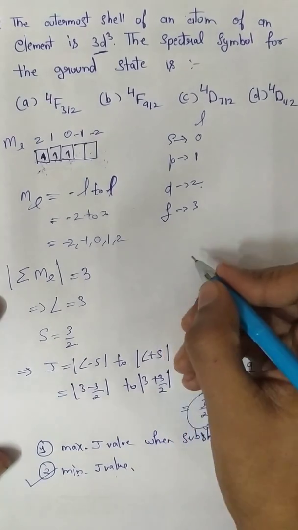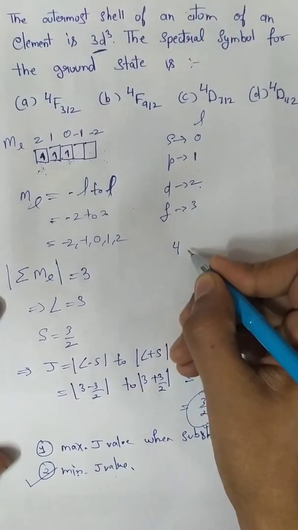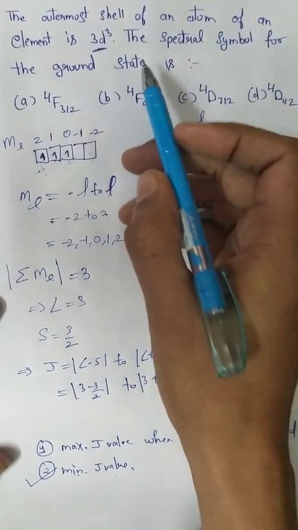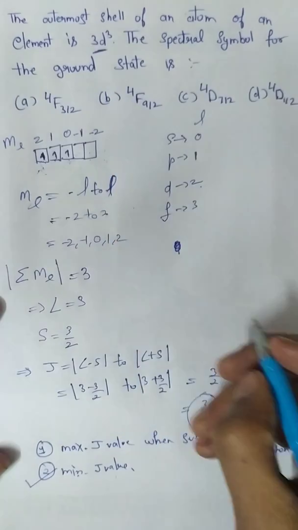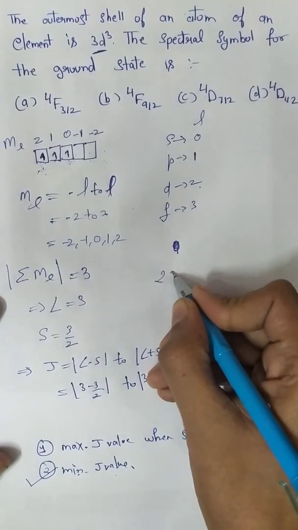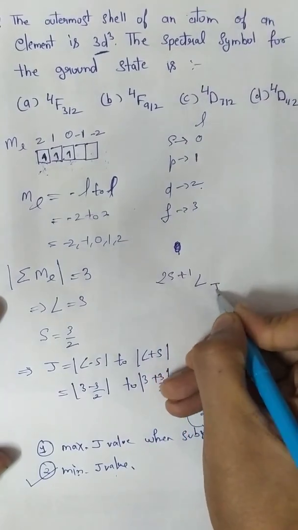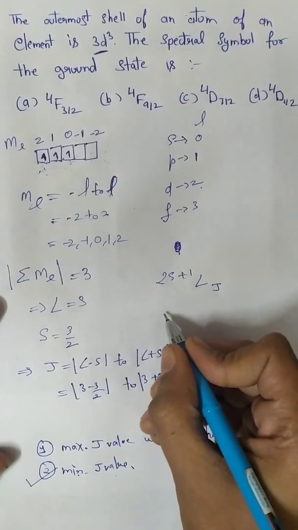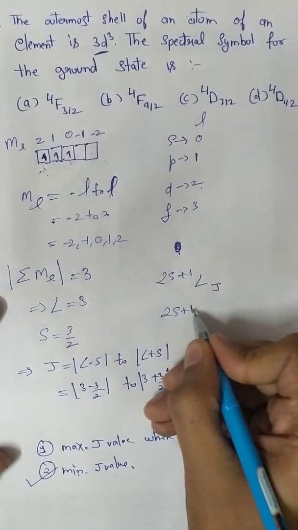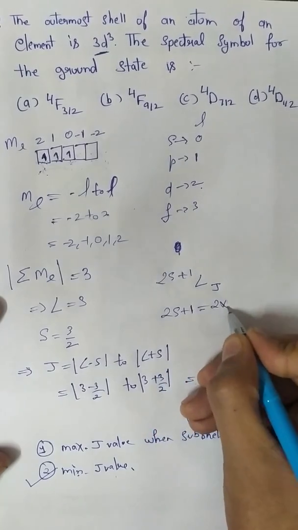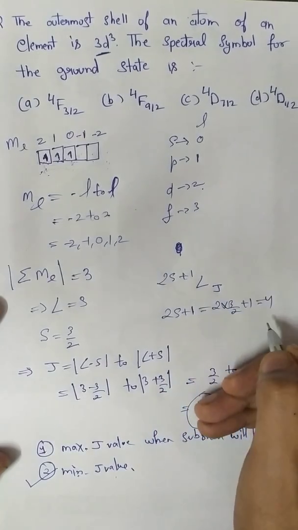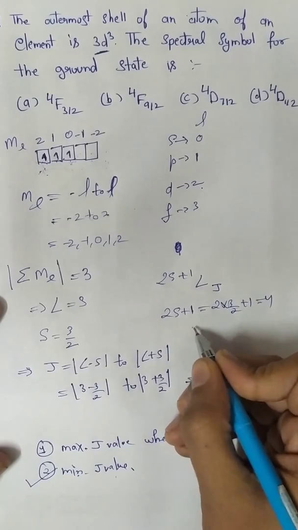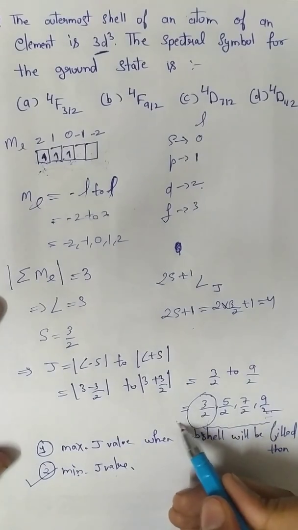Now, what is the term symbol? They are asking for the term symbol for the ground state. So what we will do is write 2S plus 1, L, j. 2S plus 1 is the multiplicity. We know the overall S value, so we can calculate 2S plus 1. It would be 4, and the j value we have found is 3 by 2.